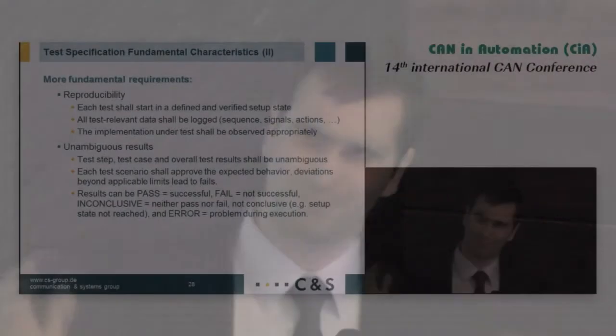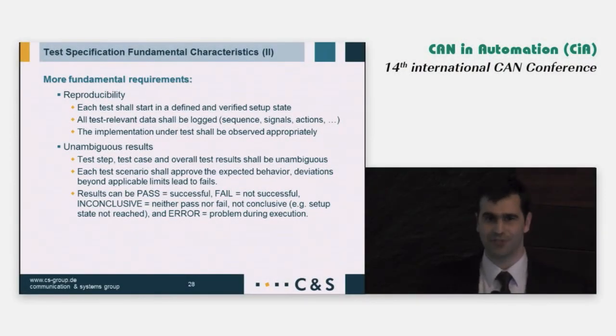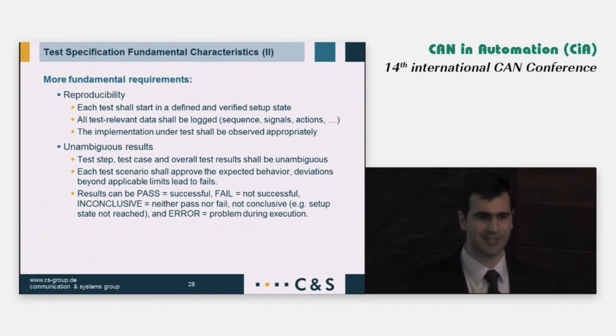Then there is a second point that is really connected to repeatability, which is the following. It is, of course, important to know about how the test goes. If it was a pass, fail, no question about that. But in order to make this test case repeatable over and over and over again, it is really necessary to clarify the starting point.